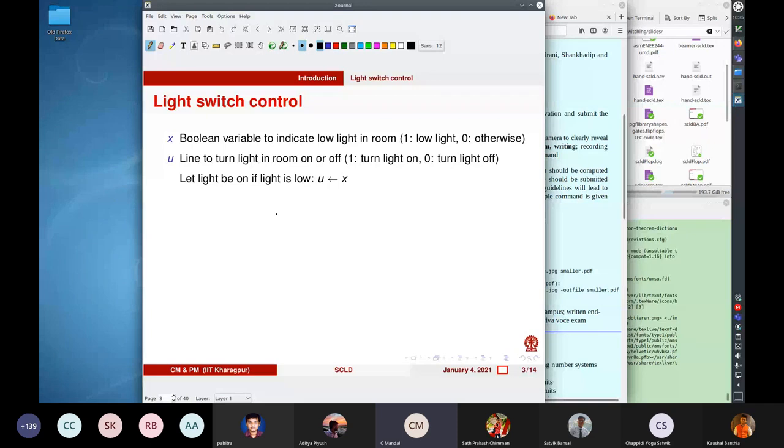So here of course we have assumed that you have Boolean variables, which take on values either 0 or 1. Okay. So that is our assumption now. Note that there is some degree of abstraction because your light sensor as such doesn't give you a Boolean output.